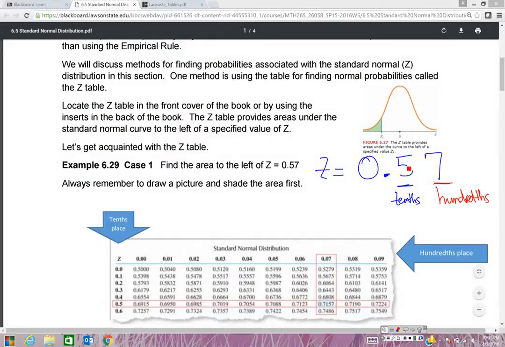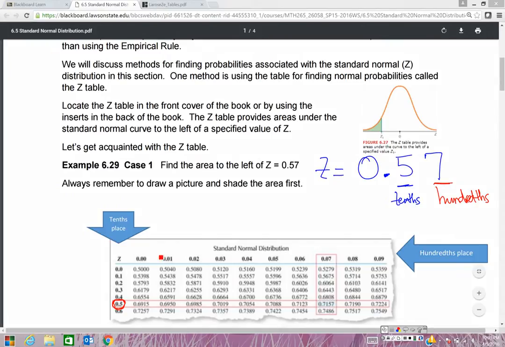So what you're going to do is look at your Z table, and you're going to go to the side where there are positive Z values. So notice here, positive Z values. This is what we're going to look for, the 0.5 on that side of the page. So this is 0.5, as you can see. It's marked out. And then what's in the hundredths place? 7.